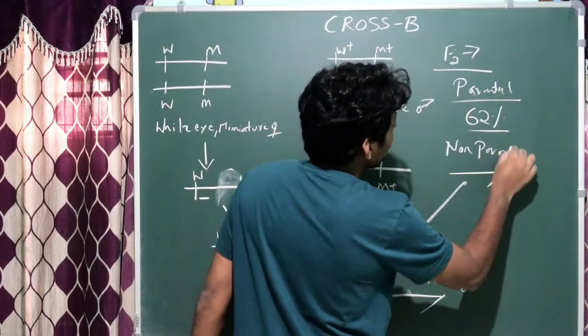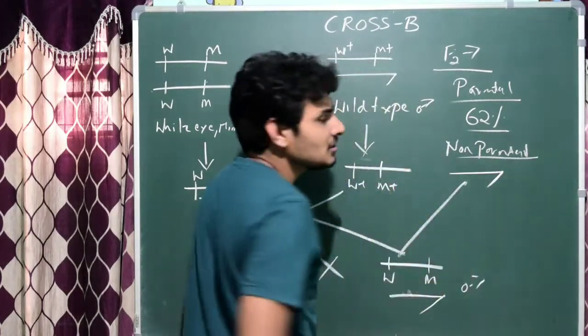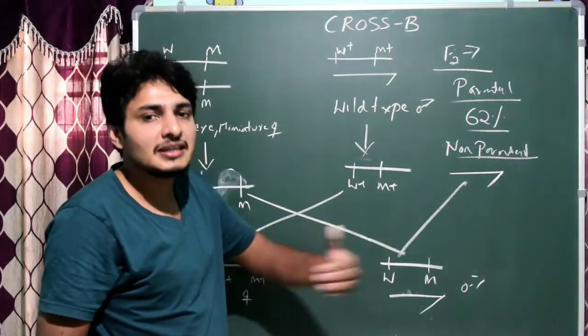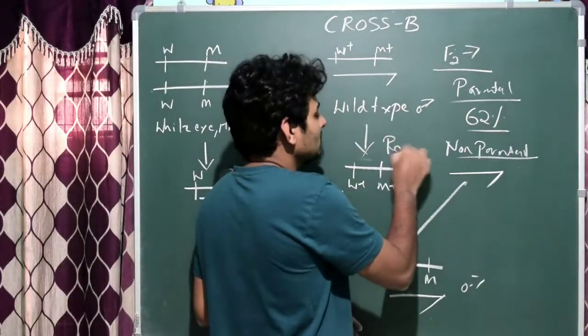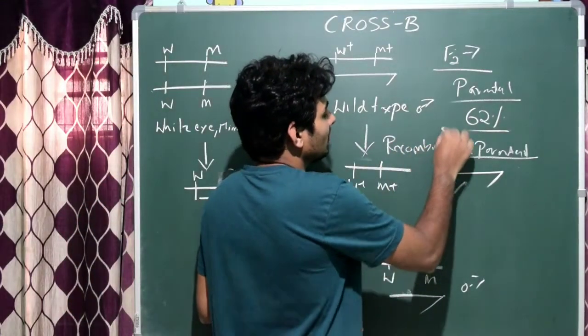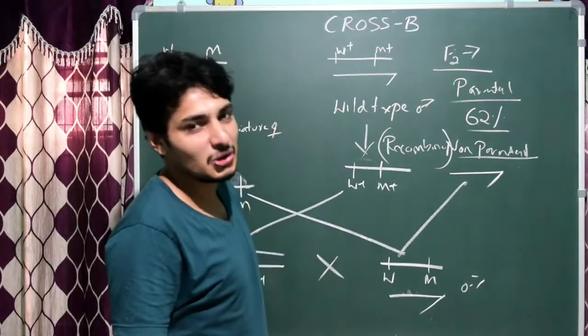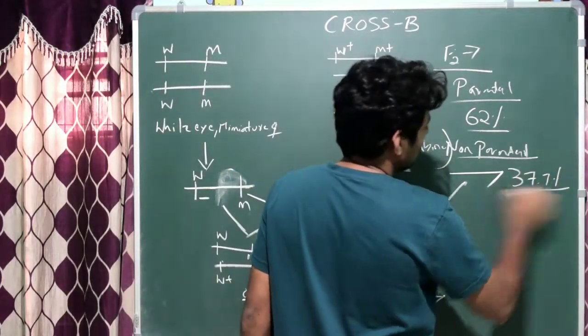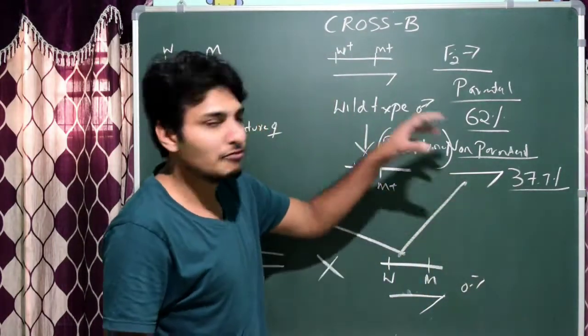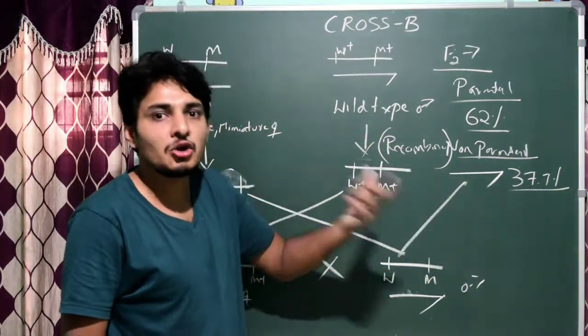What is the meaning of non-parental type? Non-parental means they are exhibiting recombination; the offspring are recombinants. They separated during crossing over, and around 37.7 percent, I am not sure of the exact percentage, were recombinants, that is non-parental type.